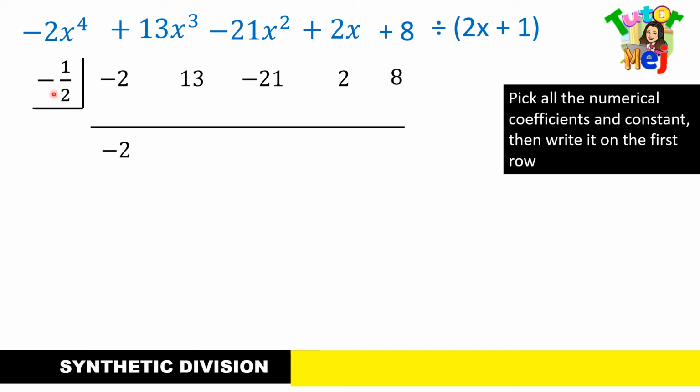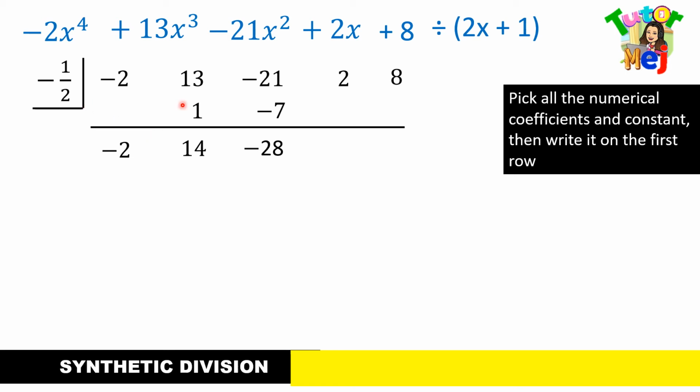And then we are going to multiply now negative 1 half by negative 2. We got positive 1. Add 13 and 1. We got positive 14. Multiplying it again by negative 1 half, we got negative 7. Adding up negative 21 and negative 7, we got negative 28.